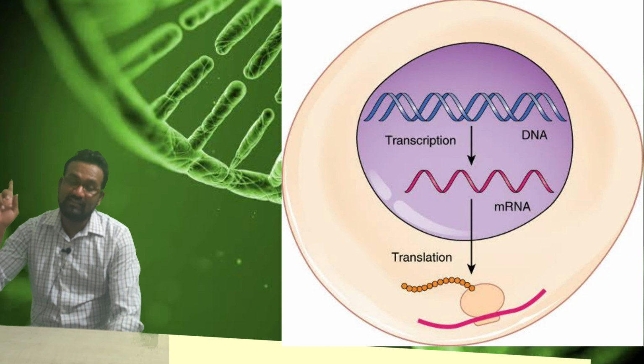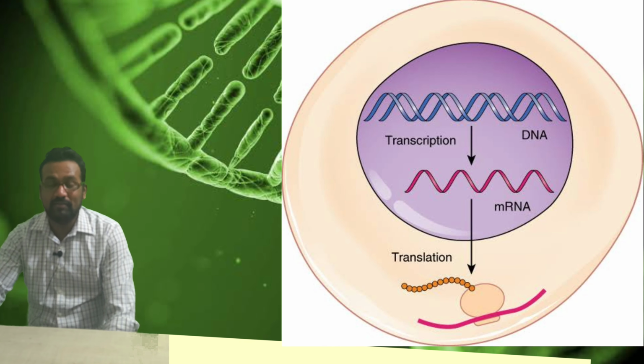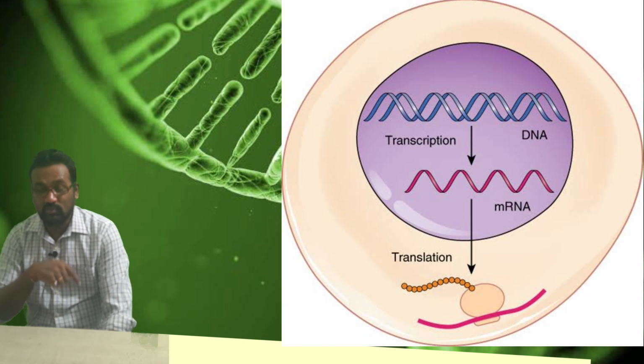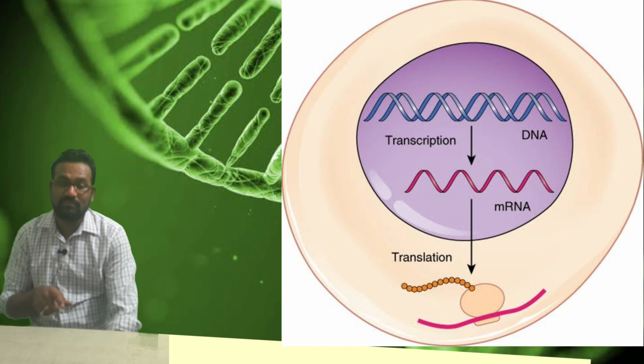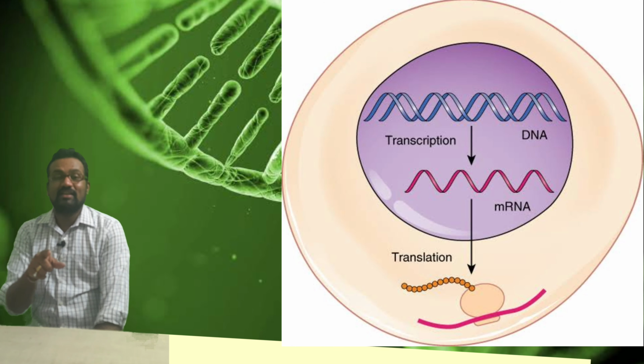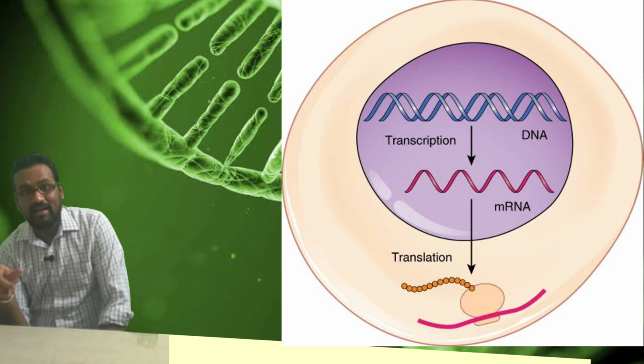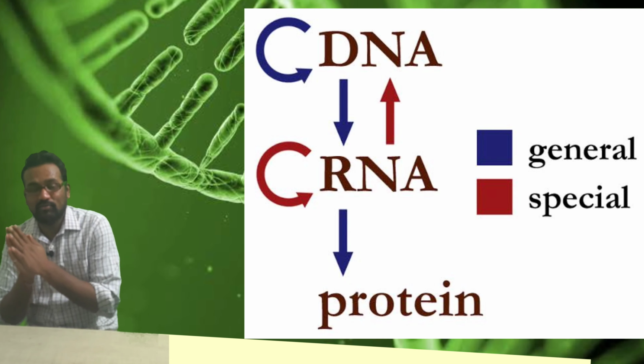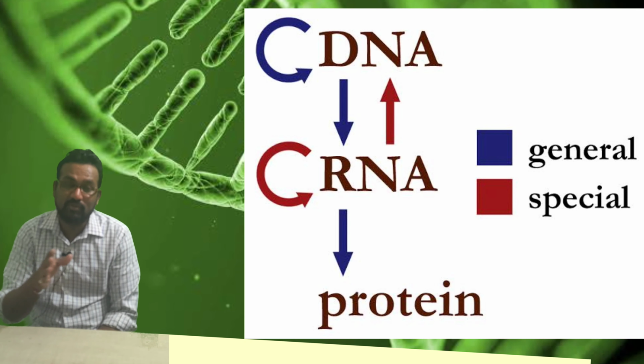Means DNA is located in the nucleus, and it produces a temporary copy. This temporary copy is mRNA, which goes outside the nucleus into the cytoplasm. In the cytoplasm, this mRNA is read and produces protein. So from DNA to RNA, and from RNA to protein, information flows.